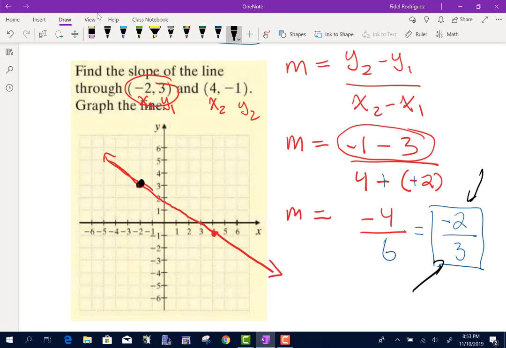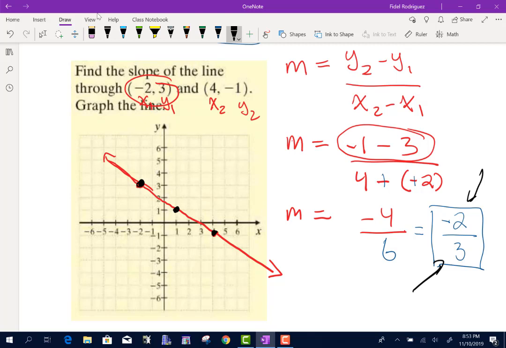So look, 1, 2, and then use the bottom number to go to the right 3 spaces. 1, 2, hey look, 3. There's another point on my line. We can do that again. And we can keep doing that as many times as we need to.